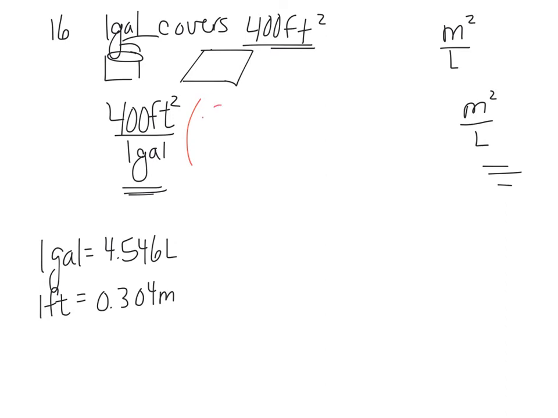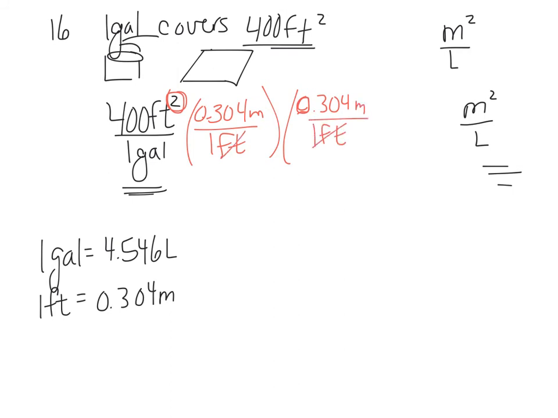So we say 0.304 meters for 1 foot. And we have to do that twice because it's square feet. 0.304 meters is equal to 1 foot. So feet cancels feet squared. And then we want to go from gallons to liters.